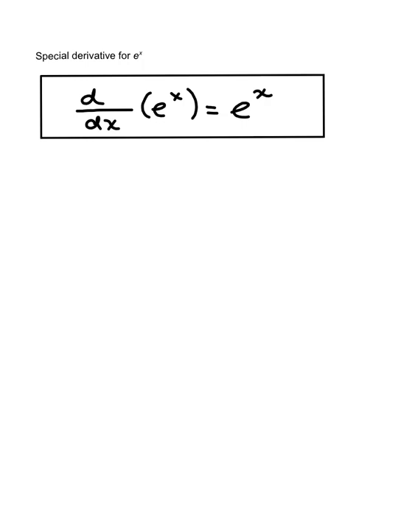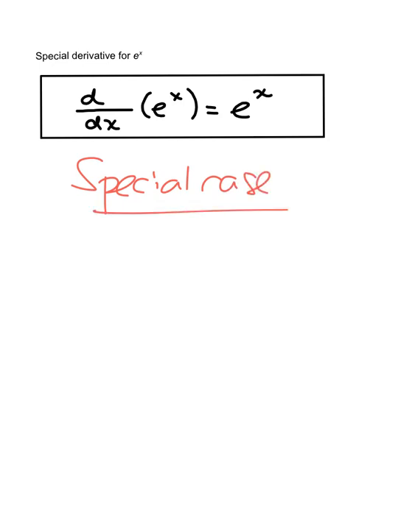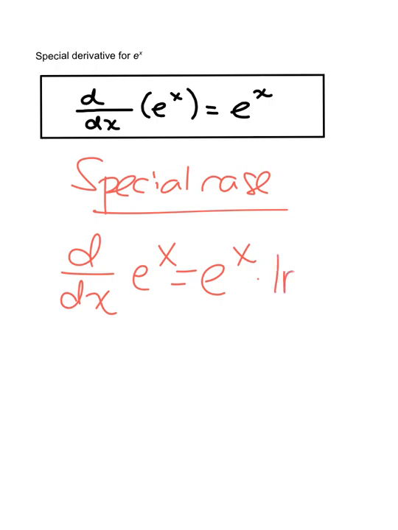This is a special case of the derivative of the exponential functions. Because again, we always know this to be true, that the derivative of an exponential function is equal to itself times some value of proportionality, which we discovered to be the natural log of the base. And we know that the natural log of e is just 1.